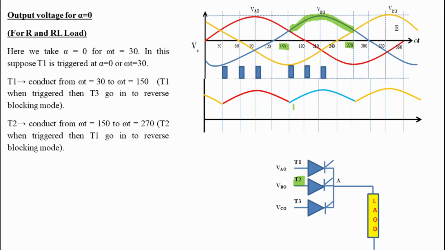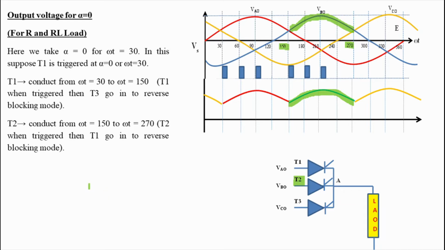From omega t equals 150 to omega t equals 270, VB0 is greater than both VA0 and VC0. It means we will get VB0 at the output voltage during this period, because this is the highest voltage during this period. So the concept is we only fire that thyristor which has the highest voltage at that time.